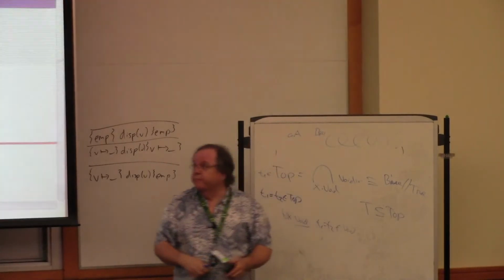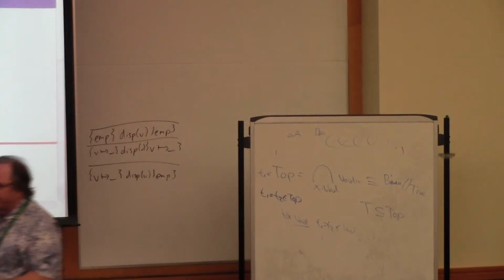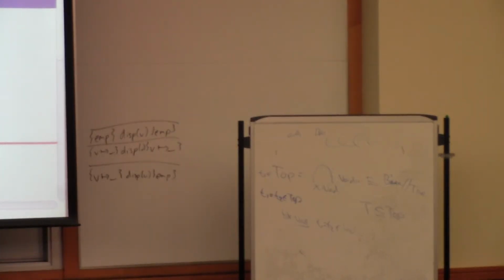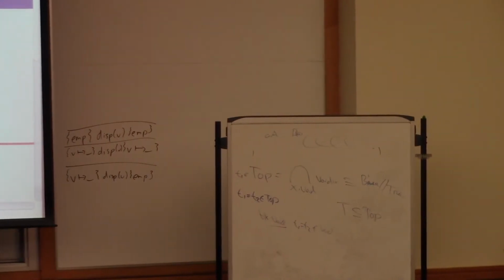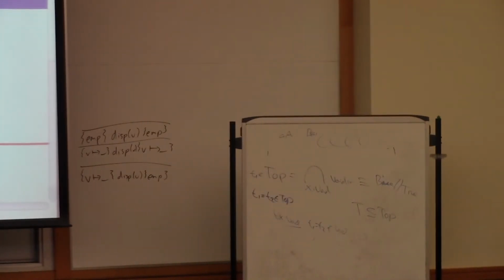So now, if f is a monotone function, so if A is a subtype of B, then f of A is a subtype of f of B, then f of top is going to be a subtype of top, because everything's a subtype of top. And then f of f of top is going to be a subtype of f of top by monotonicity, and then f of f of f of top is going to be a subtype, and so on.